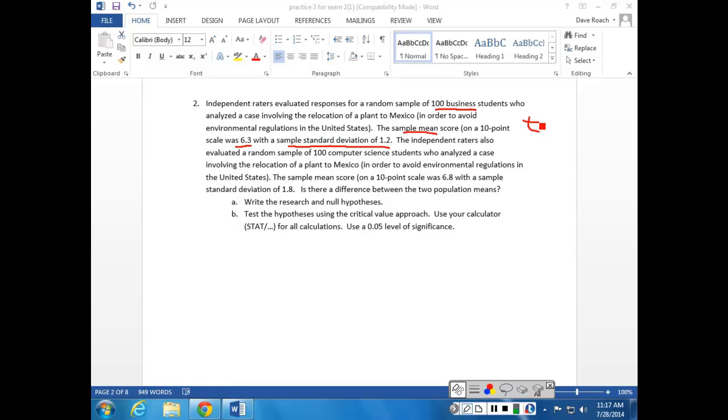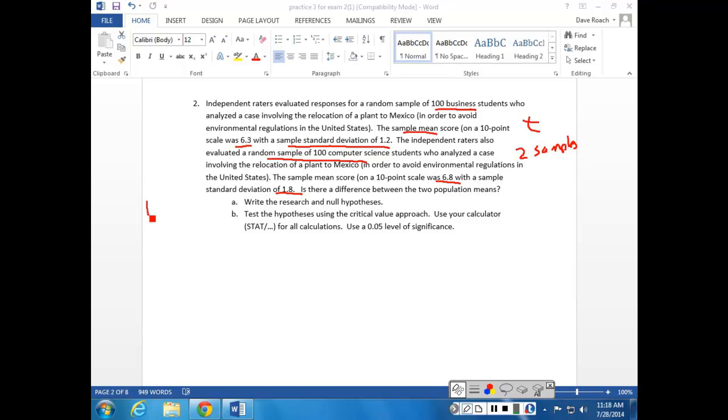But now we have another random sample of 100 students. That means we have a t-test for 2 samples, or the 2-sample t-test. And of course here we have a sample mean of 6.8 and a sample standard deviation of 1.8. Is there a difference between the 2 population means?